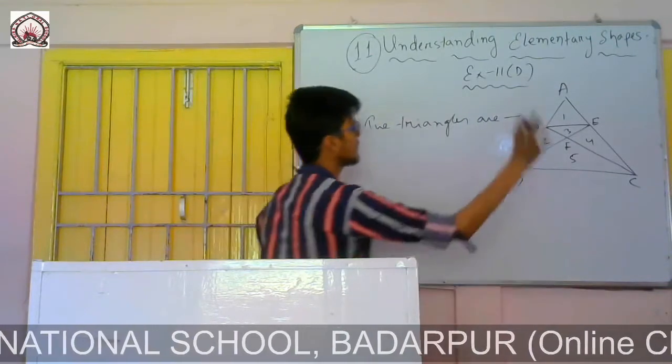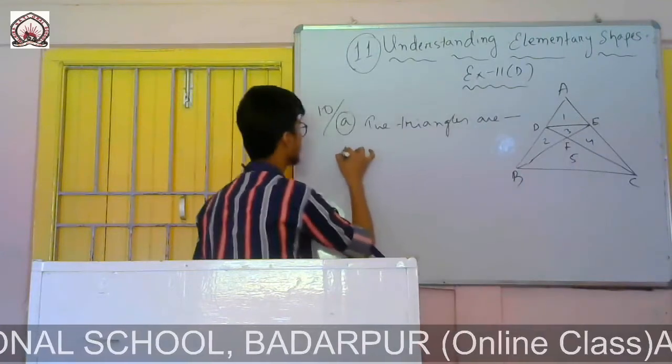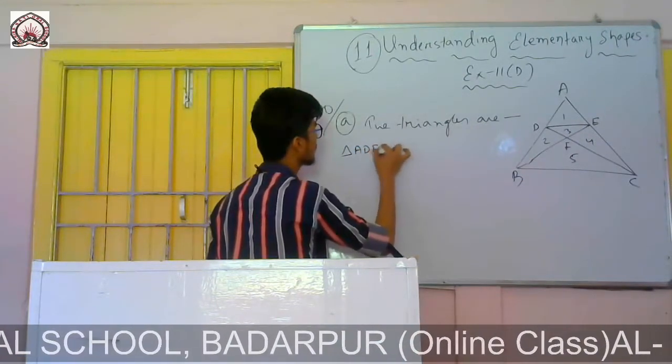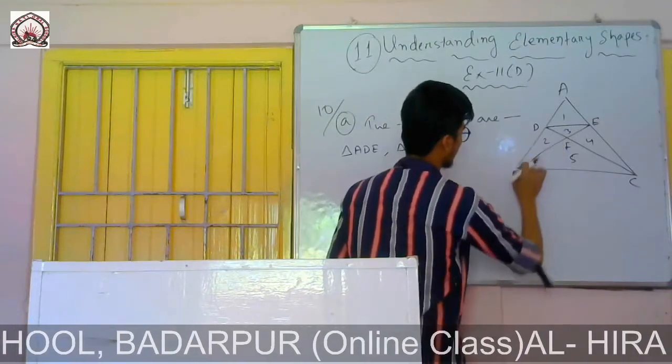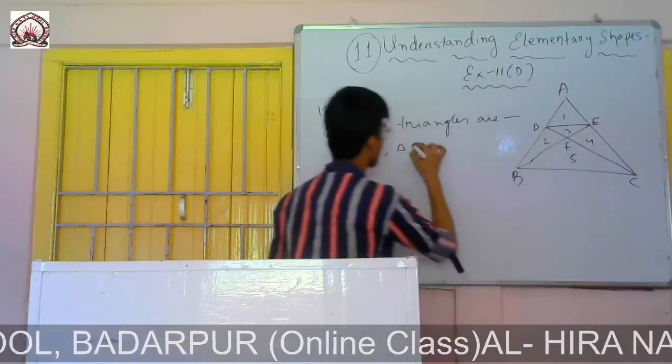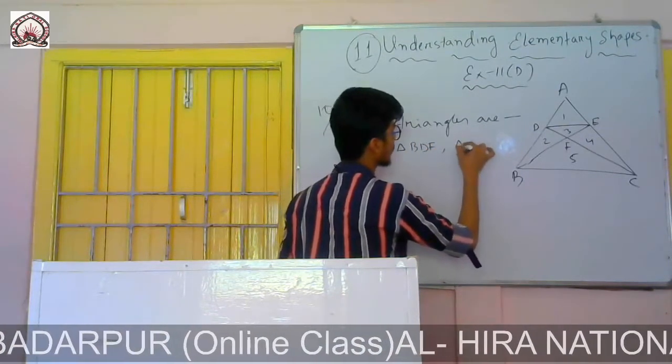Triangles are. Let me only write first of all the number one. Number one, it is ADE. So you write triangle ADE. Then next one, number 2, this BDF, triangle BDF, only you write the numbered one, okay.